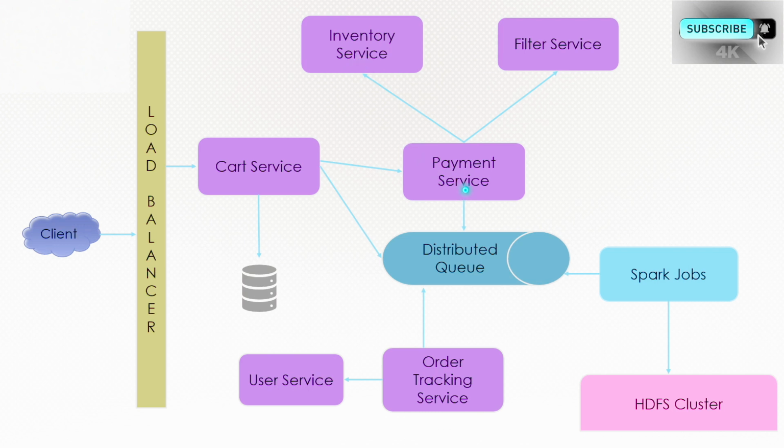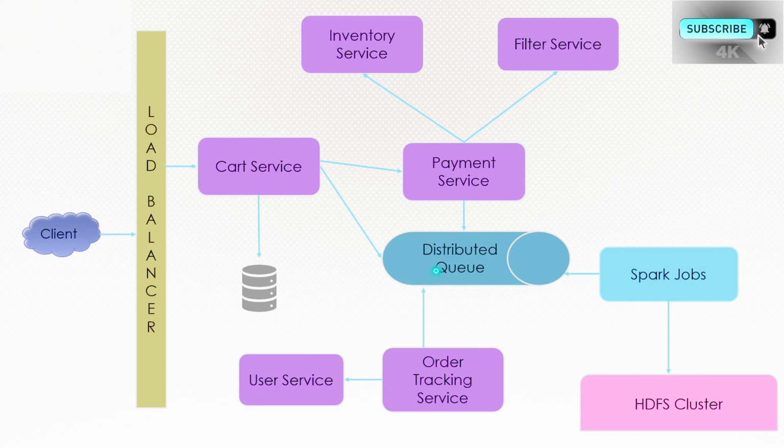And you can also put the failure event in a distributed queue, maybe to understand that for a particular kind of card you are getting frequent failures, or when you are doing a payment from a particular kind of gateway, the failure is more for all those kinds of services. Otherwise, for the successful payment event, you can put that event in the queue, and the order tracking service will be listening for all such events where the payment is successful.